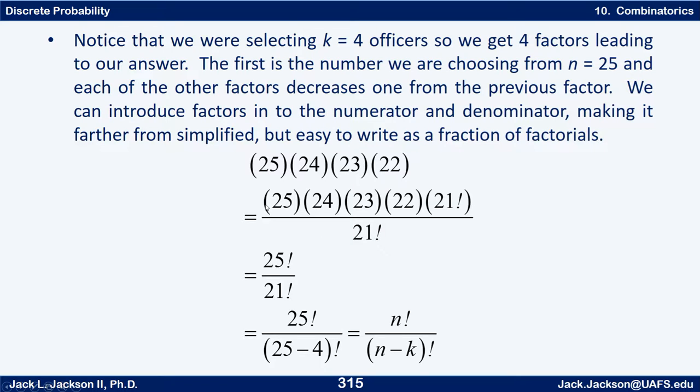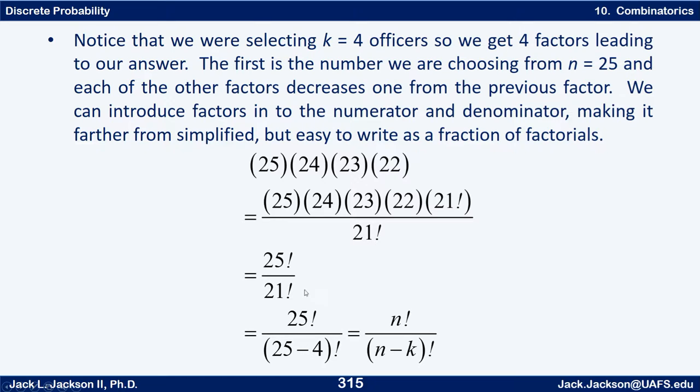Okay, well, then you can express the numerator as a factorial: 25 times 24 times 23 times 22, and then this part here is 21 times 20 times 19 times 18 all the way down to 1. So the whole numerator becomes 25 factorial. The denominator is 21 factorial. We could think of 21 as 25 minus 4.